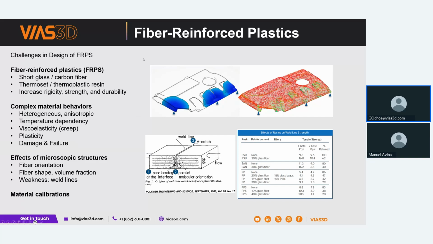We could also define the fiber shape, the aspect ratio, the volume fraction that represents the volume of the fibers, as well as some weakness that we can define considering the weld line formation. This information is also coming from the injection molding simulation.